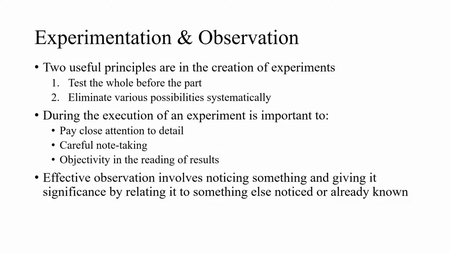While executing an experiment, the researcher should pay close attention to detail, take well thought out notes, and have objectivity when examining the results. This plays into observation, as the most effective forms often take notice of potentially minute details and give them significance by relating them to something previously observed or something already known.